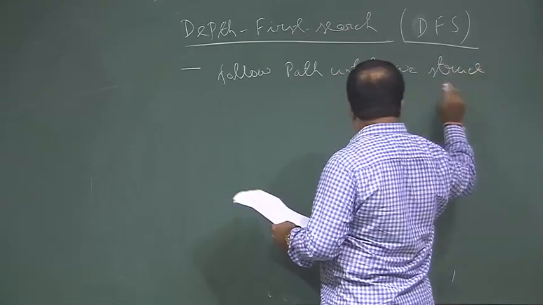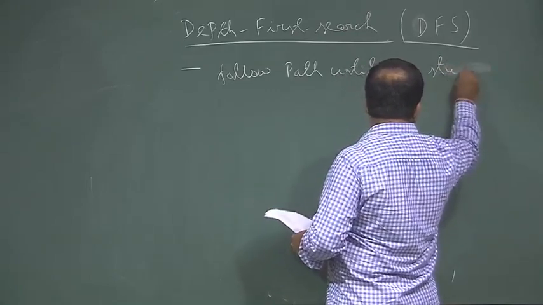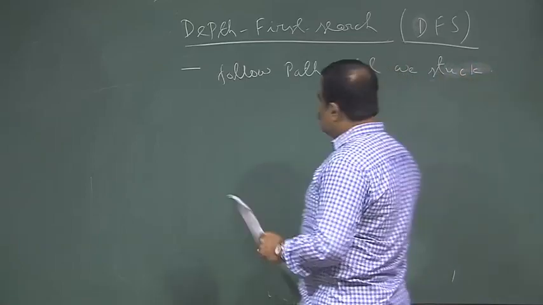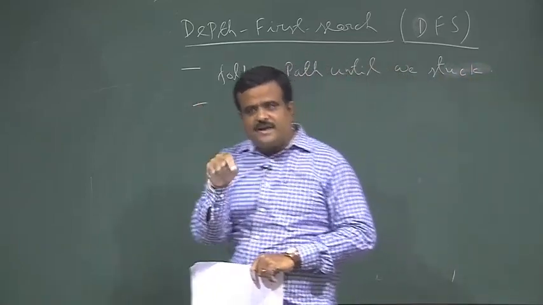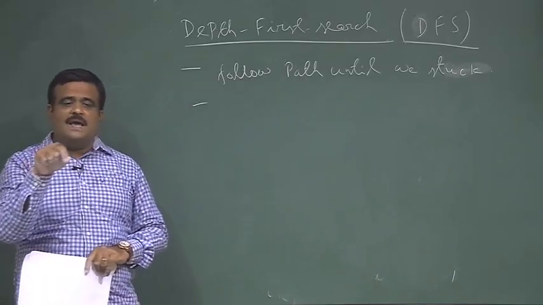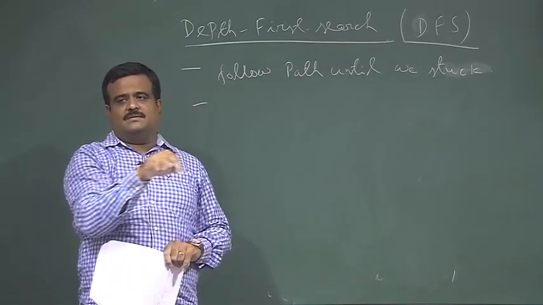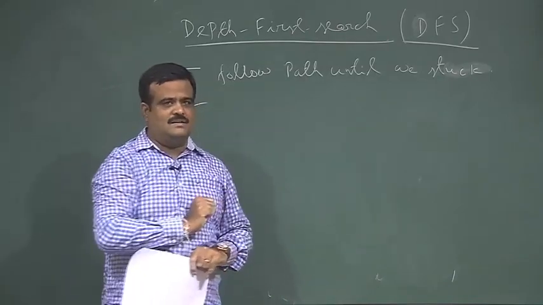Now once we are stuck, then we will backtrack, we will come back to the previous position and then we choose another path and we continue until we get stuck there like this.